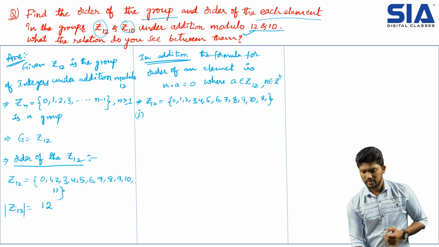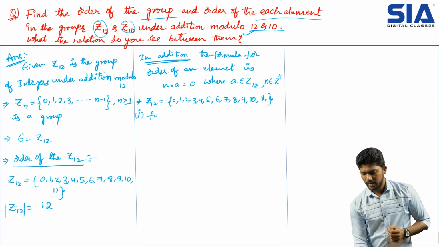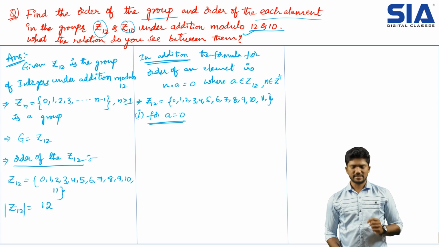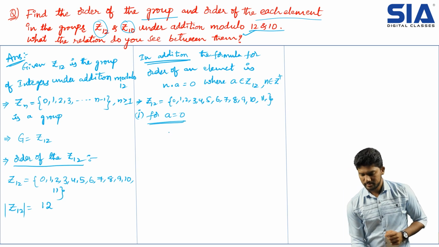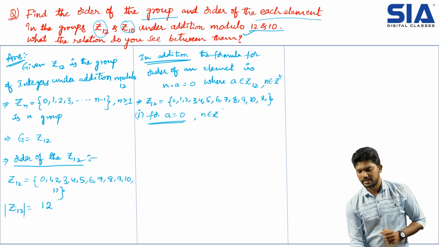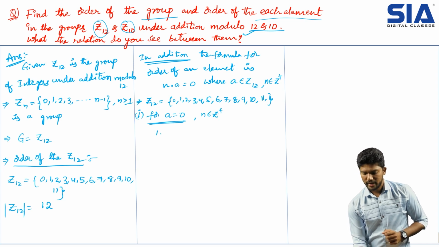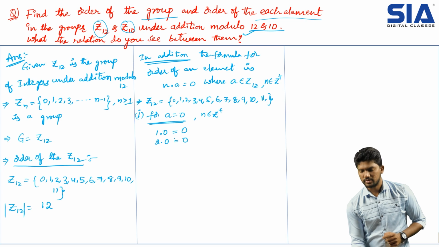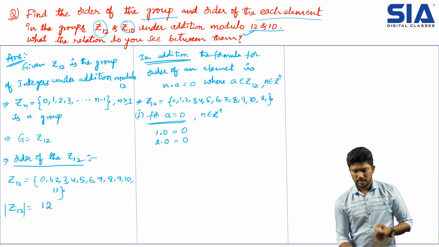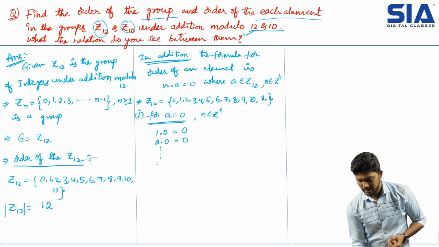First of all, for a equal to 0, n belongs to the positive integers. Therefore, 1 into 0 is equal to 0. Next, 2 into 0 is equal to 0, and so on. In this method, the last one, 11 into 0, is equal to 0.